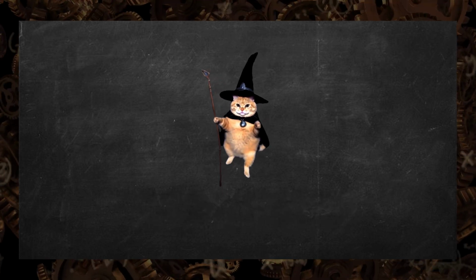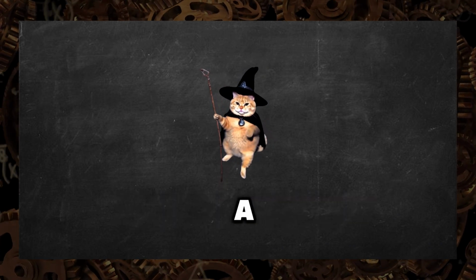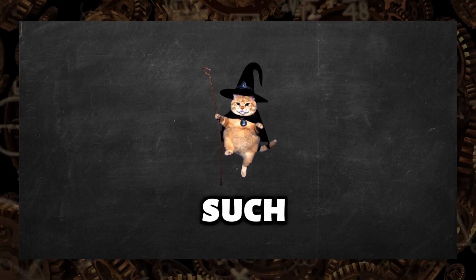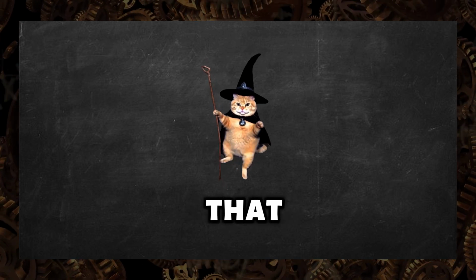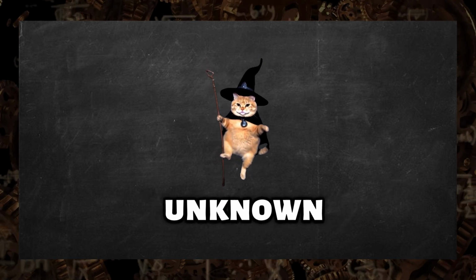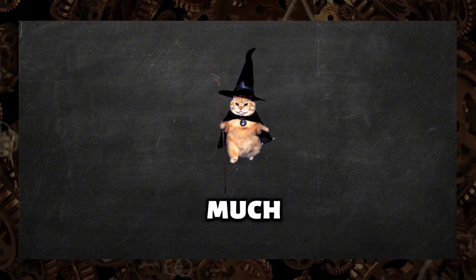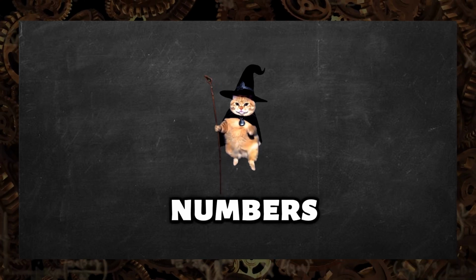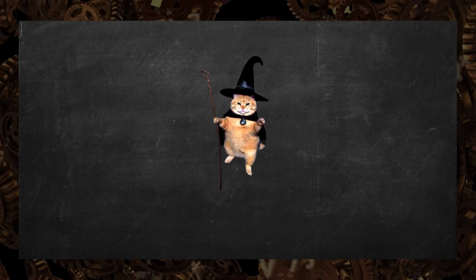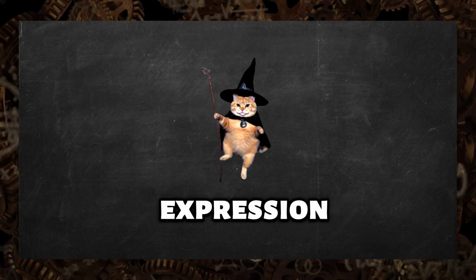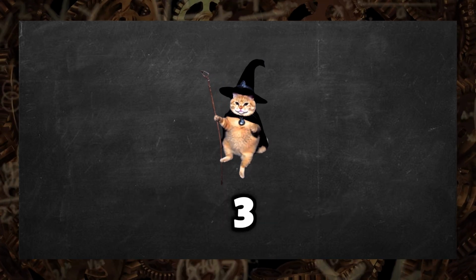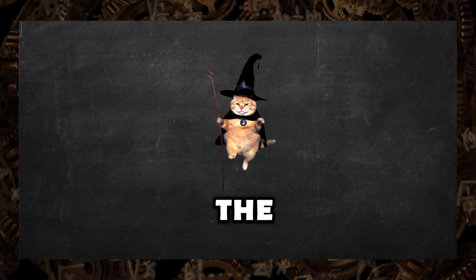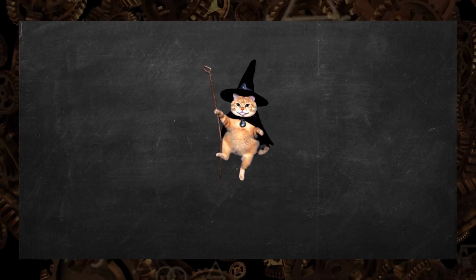A variable is essentially a symbol, often a letter such as x or y, that stands in place of an unknown or changeable value, much like a placeholder in a sentence that can be filled with different numbers depending on the context. For instance, in the expression 2 times x plus 3, x might represent the number of items in a set.